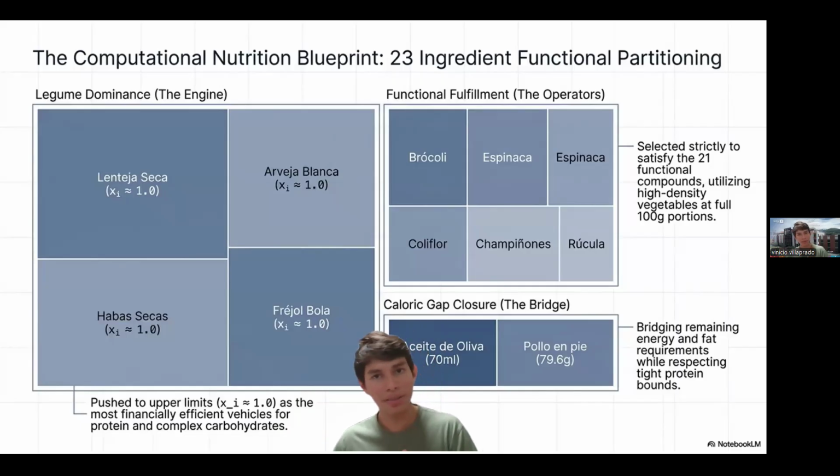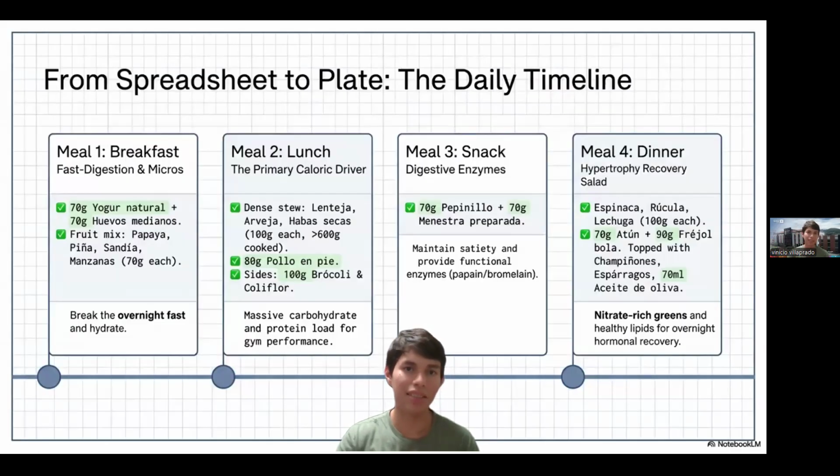For the micronutrients, we have vegetables like broccoli, spinach, cauliflower, and we also add mushrooms. And lastly, to meet the fat gap, we add olive oil and chicken legs. That's it. But with this list of elements alone, it won't be enough.